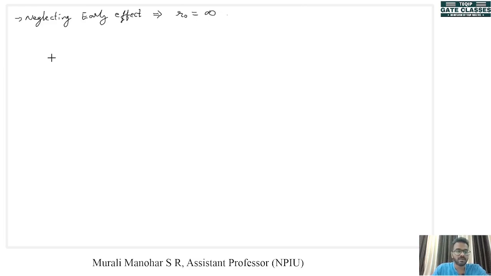That means R out will be equal to infinity. That will make RL dash equal to RC parallel RL. Therefore, AV becomes minus GM into RC parallel RL.